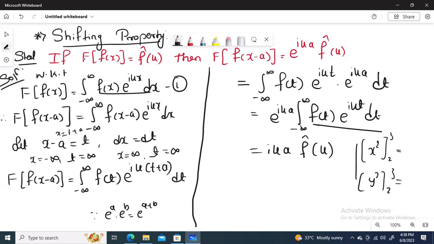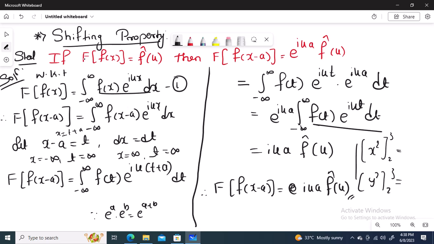Because we have limits, the variable is different, the answer should be the same. Therefore the Fourier transform of f(x − a) is nothing but e^(iua) f cap of u.